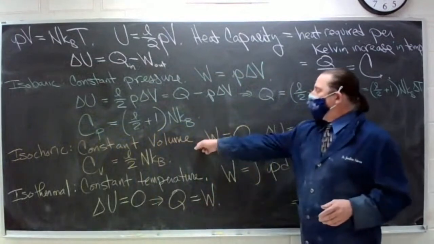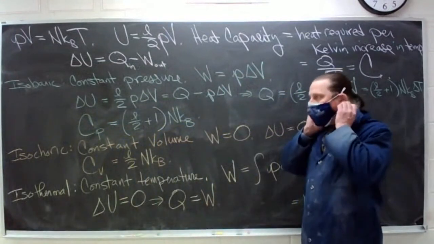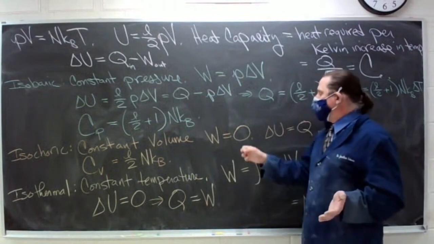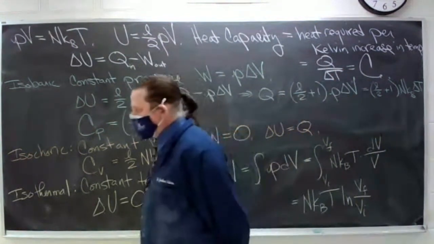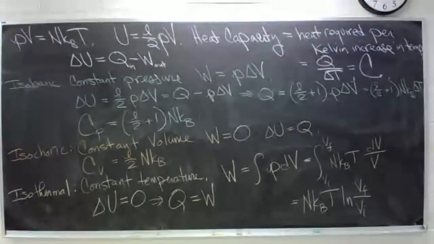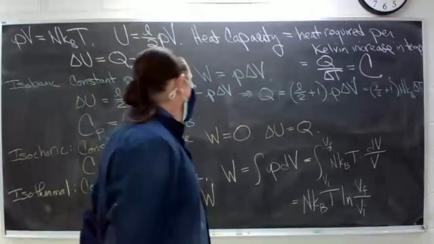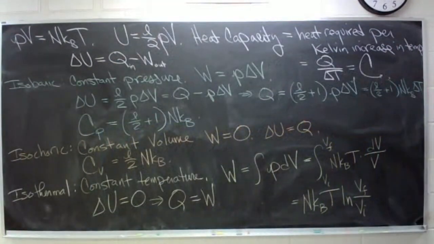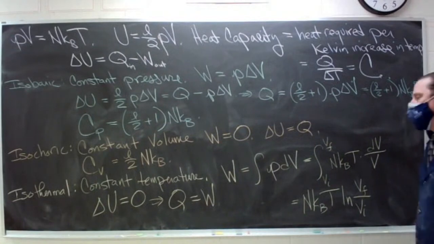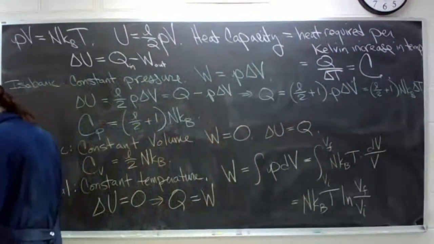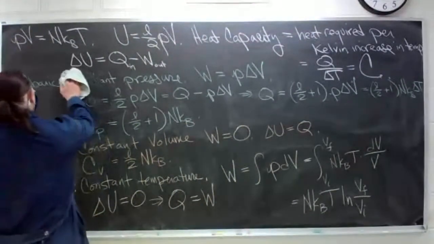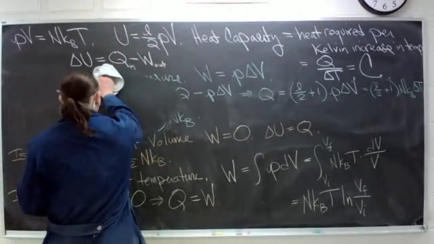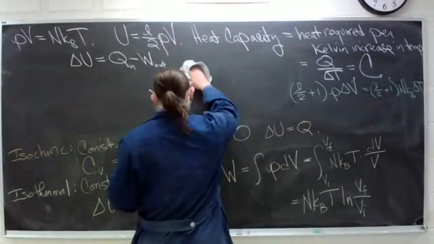Now, isochoric processes are not useful in that regard because they don't do any work. And isobaric processes require heat for doing work, and they're not terribly efficient. So the other process that we're going to want to use to make the best theoretically possible heat engine is a process that doesn't require any heat at all.